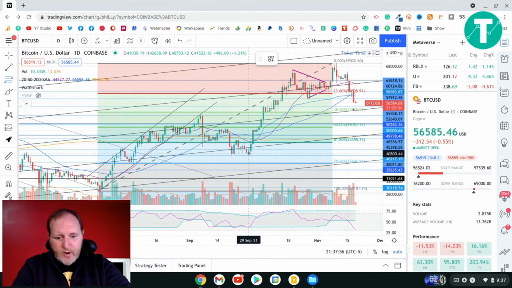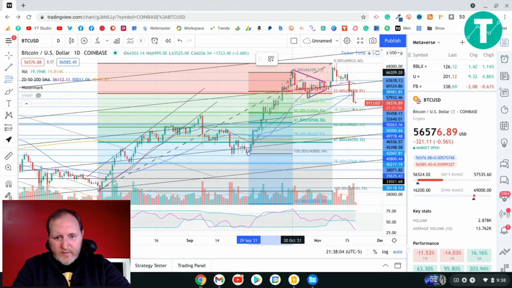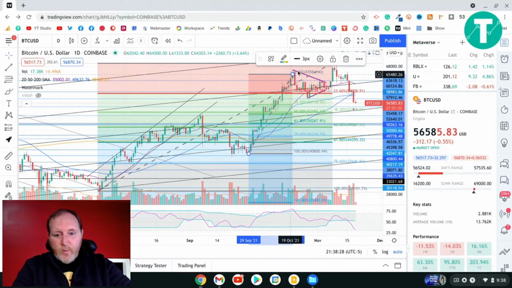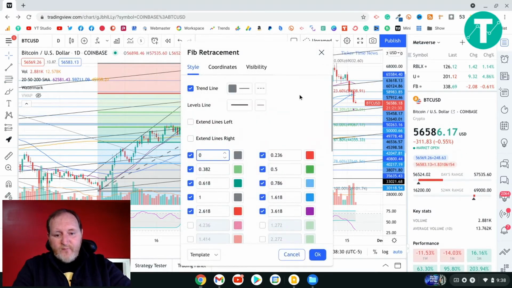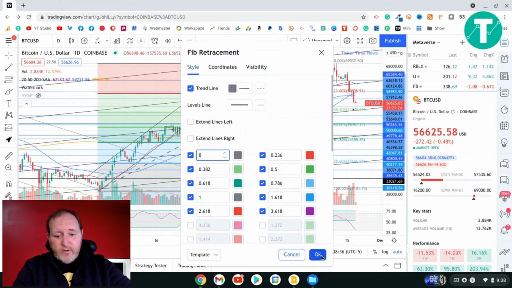We're going to start here at September 29th, the bottom of the rally, and we're going to go all the way up to the top of this rally, which was right about $66,500. Now that we have that set, we want to make sure that in the settings for the Fibonacci retracement tool, we have those same numbers checked off, and by default in TradingView, they are.